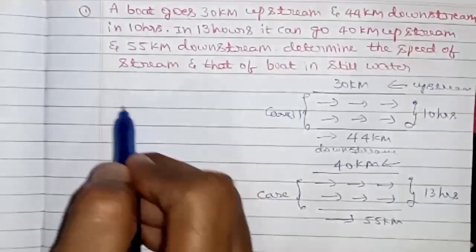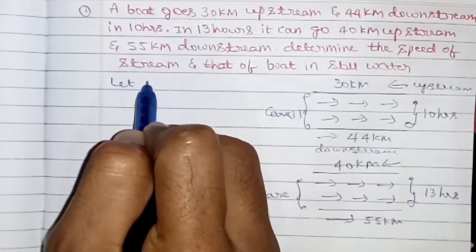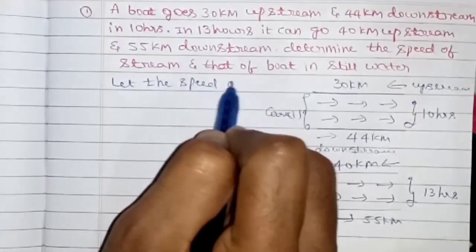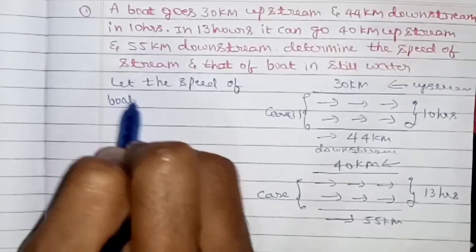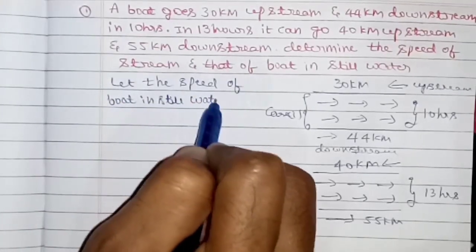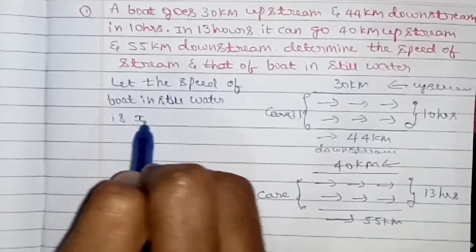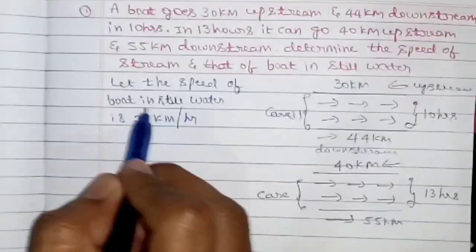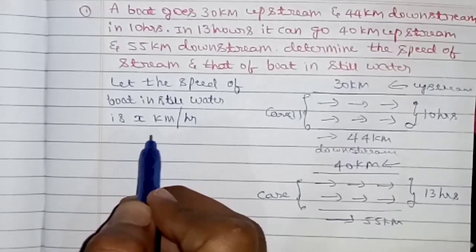So let the speed of the boat in still water be x kilometer per hour. We don't know the speed of the boat in still water, so I'm taking that as x kilometer per hour, right?